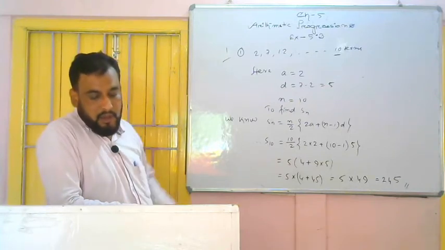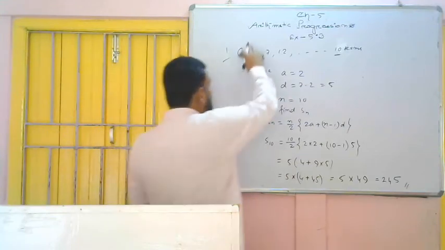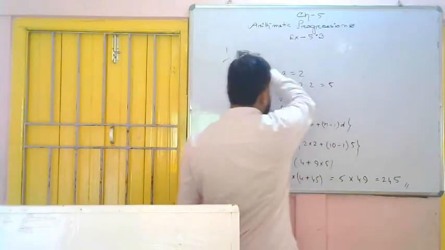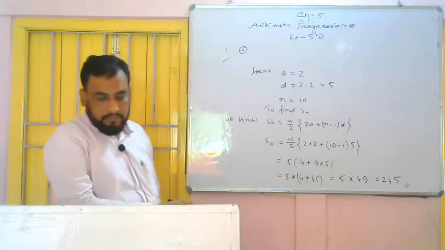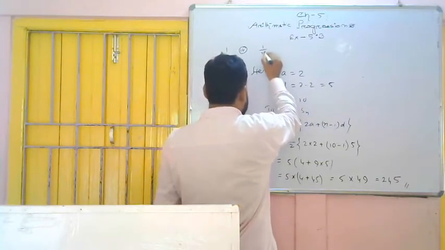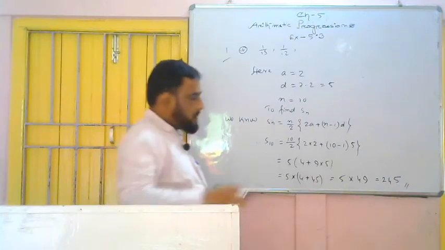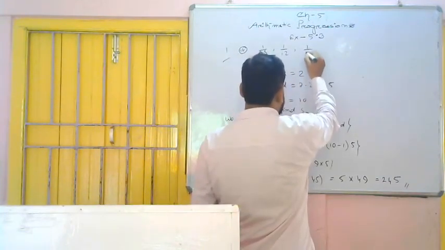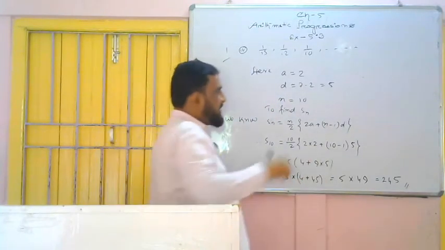Roman 4 is 1 by 15, 1 by 12, 1 by 10, up to 11 terms.